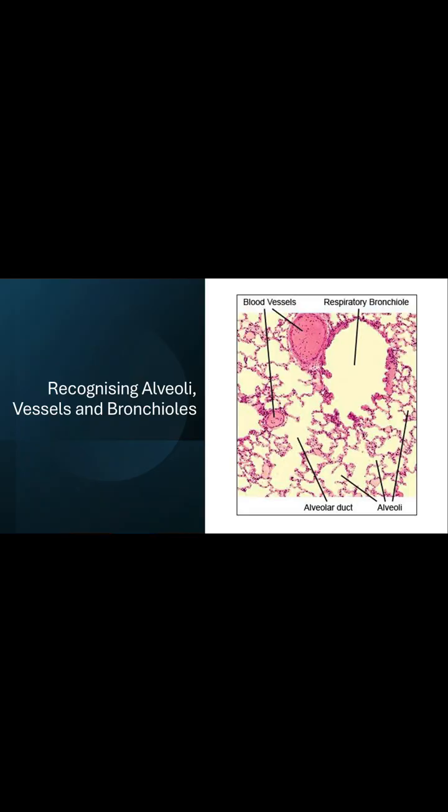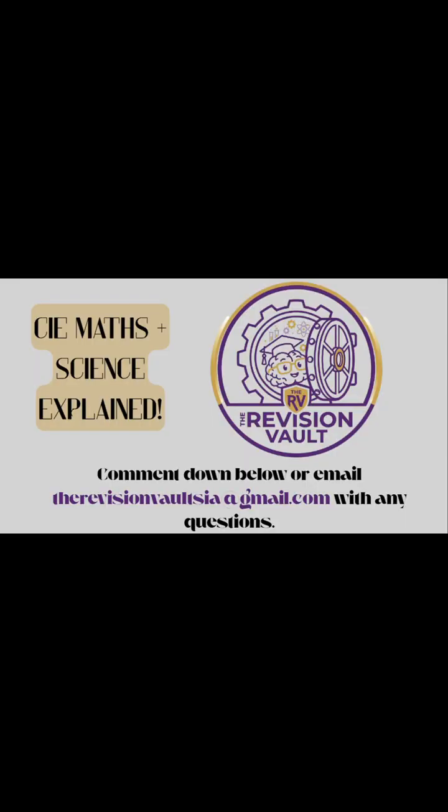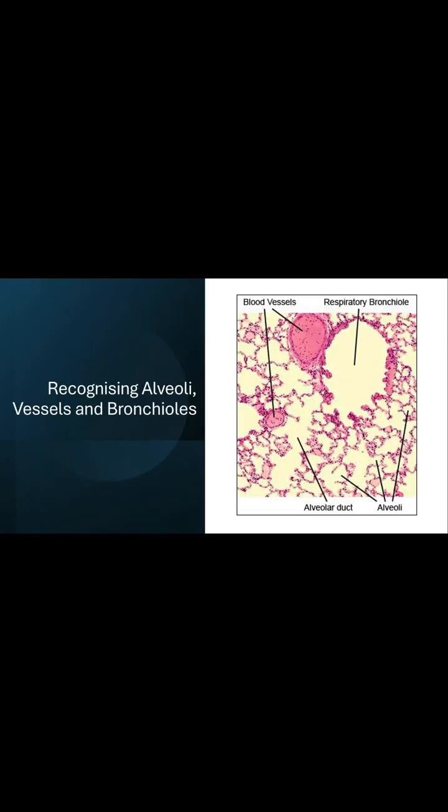So here, the bronchiole, you can see it has a thicker lining than the rest of the alveoli here. And the blood vessel, whilst you cannot see the distinct 3 layers that you would expect in a vessel, you just have to see that the filling is not air, which you would get in the alveoli and the bronchiole.